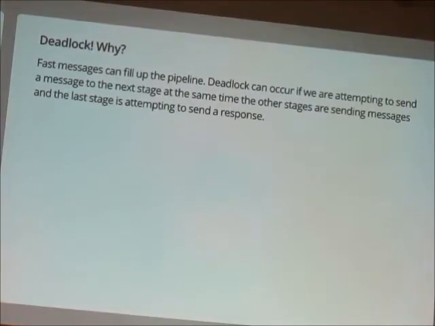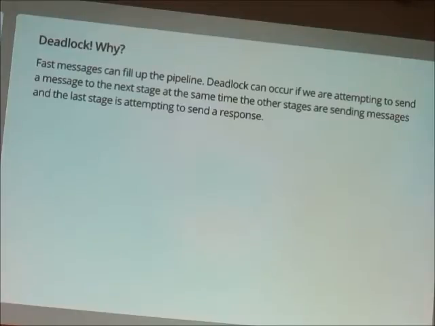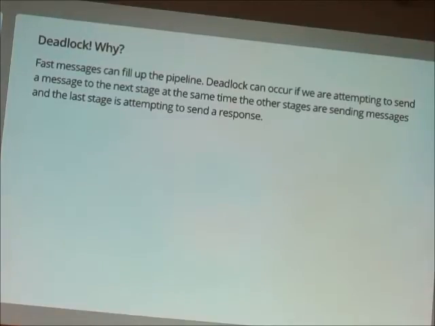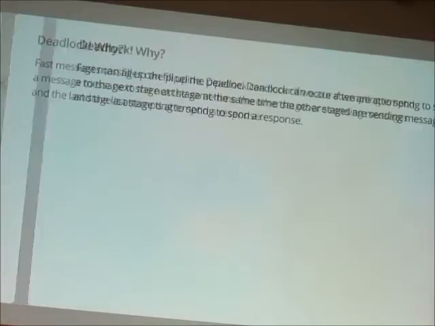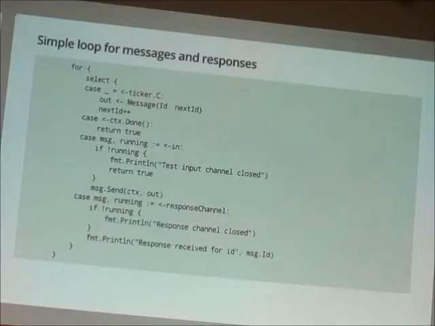The fast messages essentially fill up the pipeline, and because we have this cycle in there, if we fill up the pipeline, we're trying to publish a new message from the subscribe stage, but the next stage is busy, and each subsequent stage is also busy. And that's happening. So going back to the subscribe, can anybody tell where the deadlock is happening?